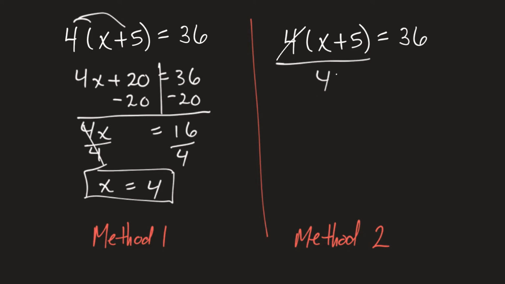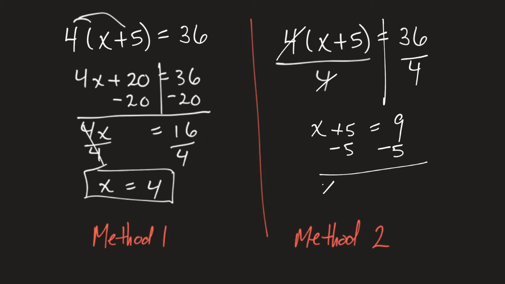So these would cancel, but you have to divide this side by 4 also, because what you do to one side of the equation, you have to do to the other side. And we have x plus 5 equals 36 divided by 4. That is 9. And then we would subtract 5, and x equals 4. See, it doesn't matter what you do, method 1 or method 2, you still get 4.